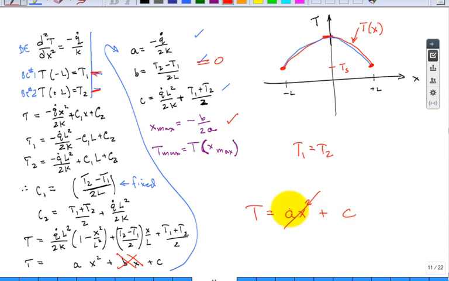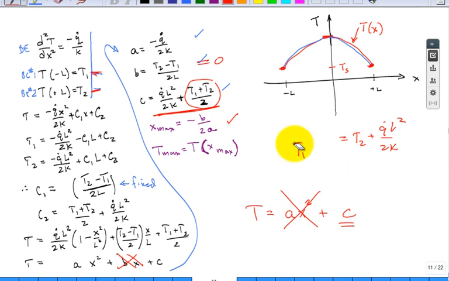At X equal to 0, this is just the maximum. So the maximum temperature is the average of the two surfaces, which are the same, so it's just TS plus Q dot L squared divided by 2K. That's T max. As Q dot goes up, the profile goes up, and the max temperature goes up.